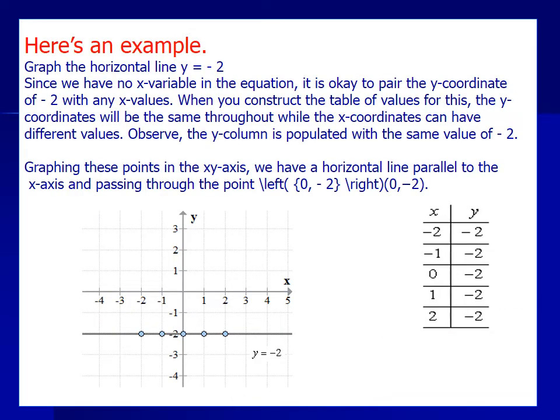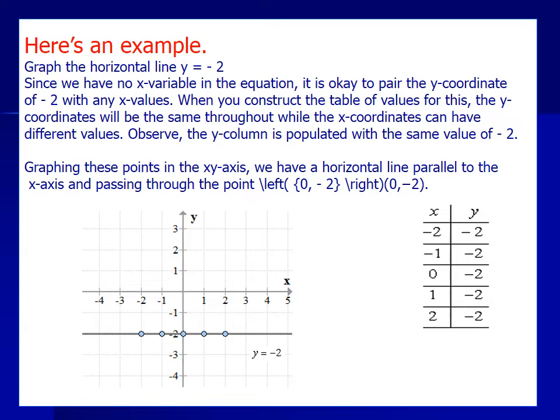Here is an example, graphing the horizontal line y equal -2. Since we have no x variable in the equation, it's okay to pair the y coordinate of -2 with any x values. When you construct the table of values for this, the y coordinate will be the same throughout, while the x-coordinate can have different values.